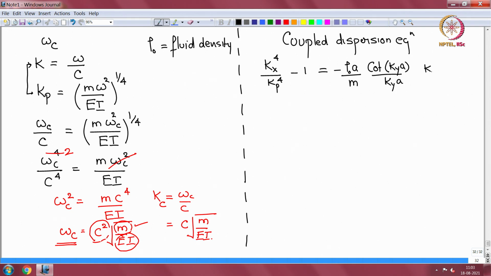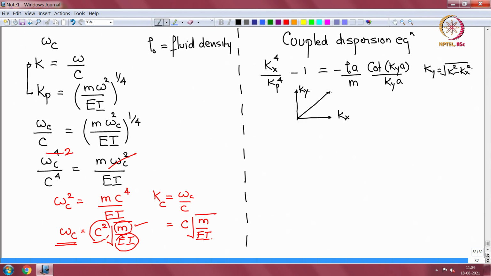Ky is equal to square root of k square minus kx square. Okay. So, k is the acoustic wave number in the fluid, kx is the axial direction wave number, okay, and then ky is the vertical wave number.